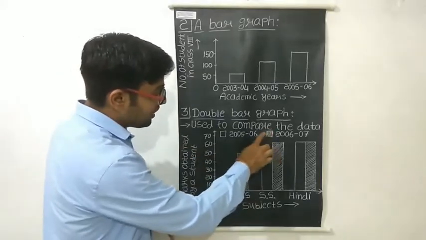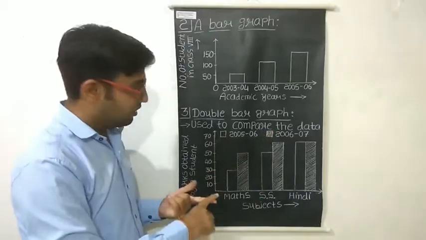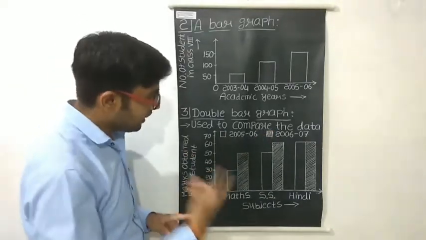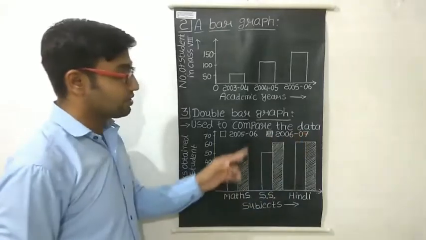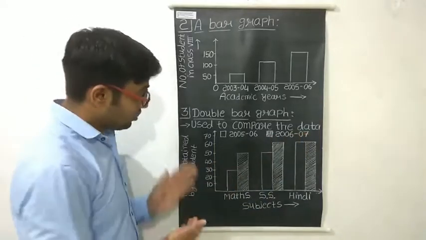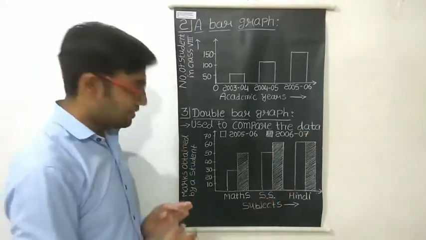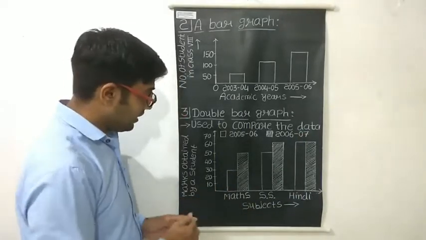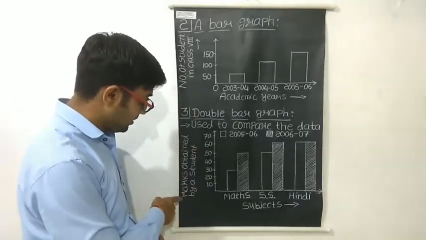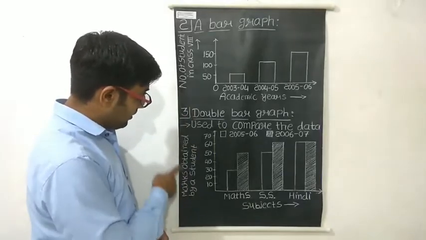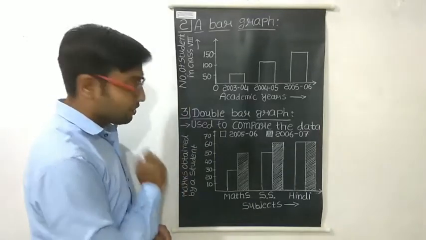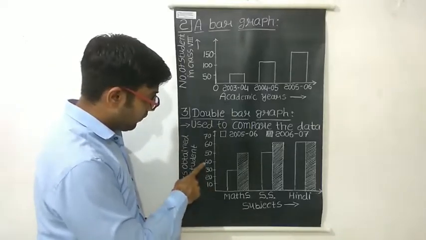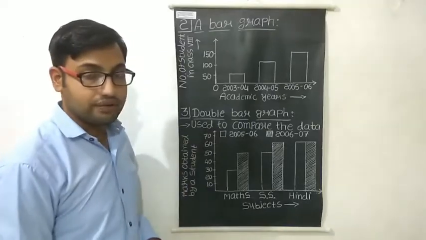And this designed bar represents the marks in standard 8, that means in the academic year 2006 to 2007. Here also we have taken two axes. This is the horizontal axis which represents the subjects, and the vertical axis represents the marks obtained by a student. And here we represent the marks 10, 20, 30, 40, 50, 60, and 70.